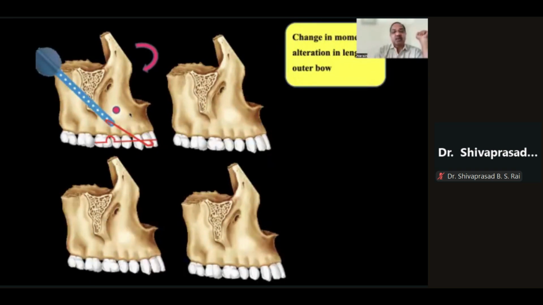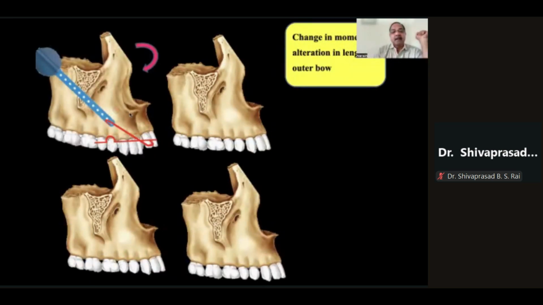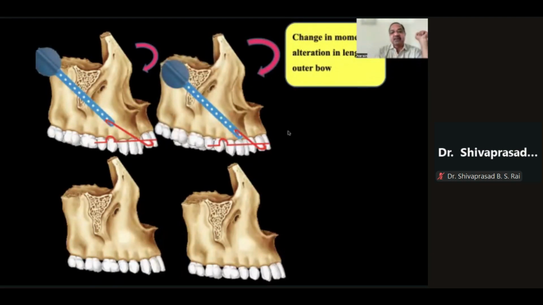There is a clockwise movement, because the forces are traveling below the center of resistance. Now, if you look at this picture, you can see that I have reduced the length of the outer bow. That means the distance to the center of resistance is still increasing. So what do you expect? You will have a larger moment. So you have a larger arrow there.